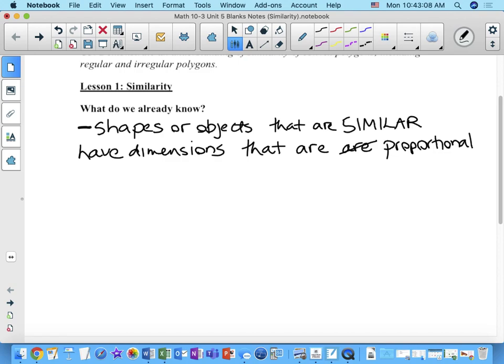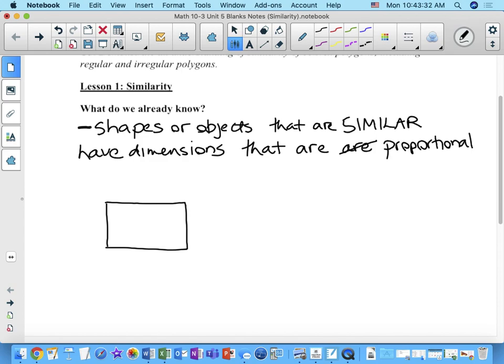Okay. Now, it is hard to understand from a definition that's purely in words, so we're obviously going to look at an example. Okay, let's take a look at an example. Let's take two rectangles.